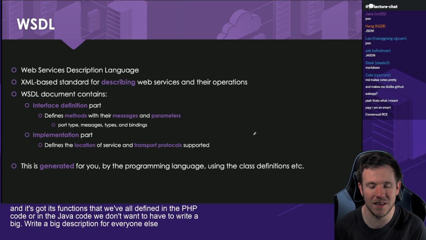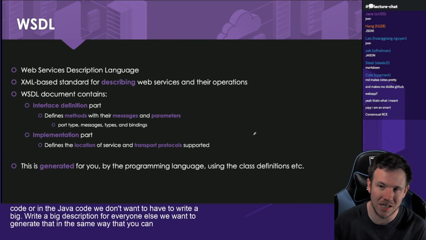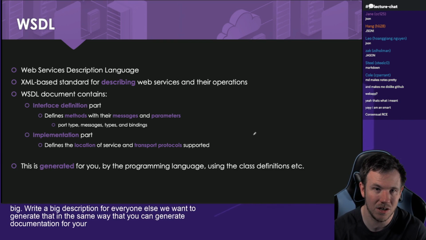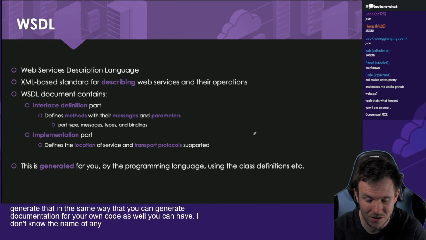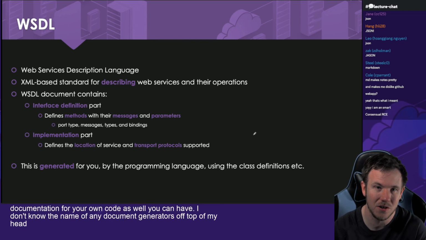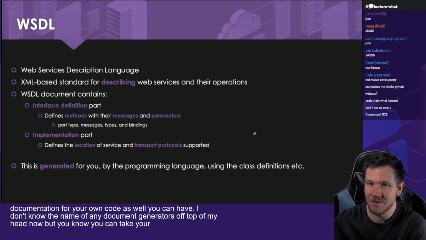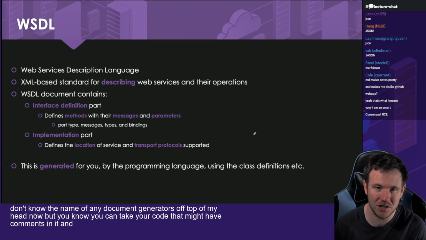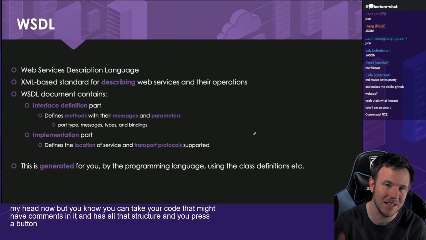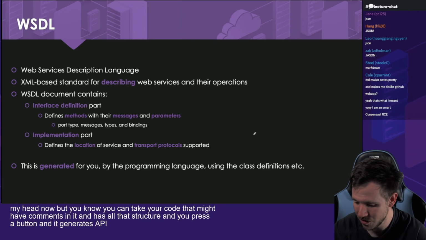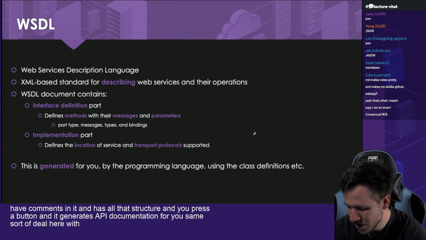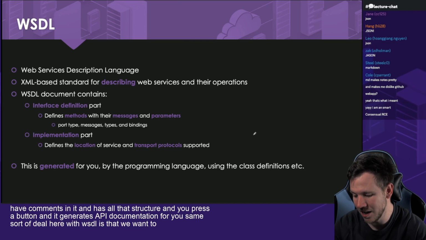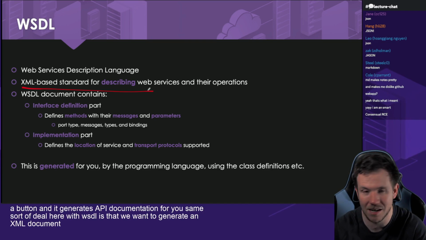We want to generate that in the same way that you can generate documentation for your own code. I don't know the name of any document generators off the top of my head now, but you can take your code that might have comments in it and has all that structure, and you press a button and it generates API documentation for you. Same sort of deal here with WSDL, where we want to generate an XML document that describes our web service.